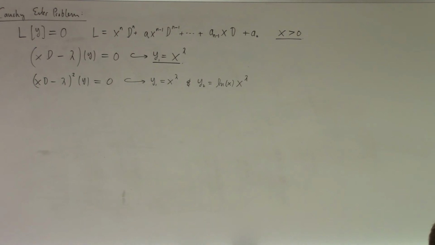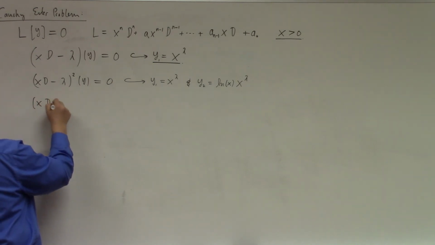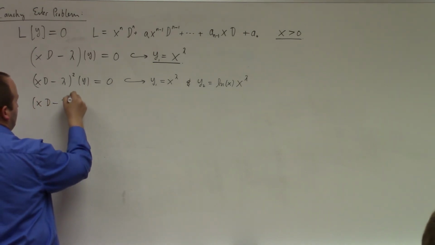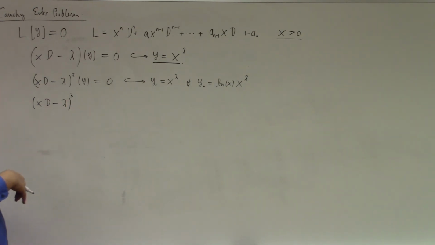And then what happens when we get to the third power? Huh. I don't know all of a sudden. Let's investigate. xd minus lambda to the third power. You guys, you make an ansatz. What do you think? What should we add for the third order term?